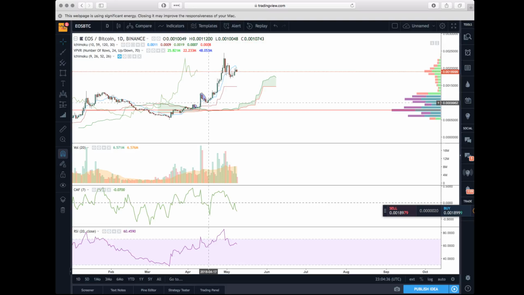Let's see, from this area, we just take 10 to 24. So that's 14, half that is 7. So 10 to 7, ooh, nope, it's not the 50% for that, but we did just bounce off the 50% for that part of the move.